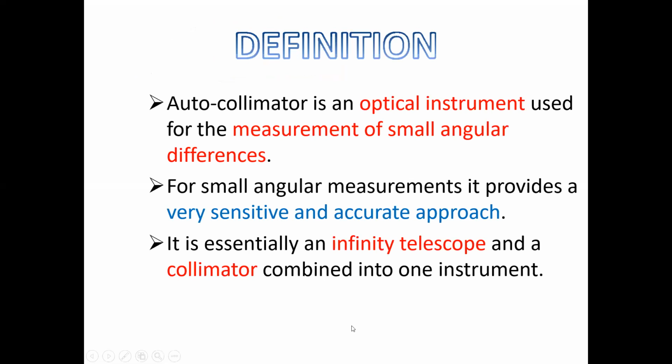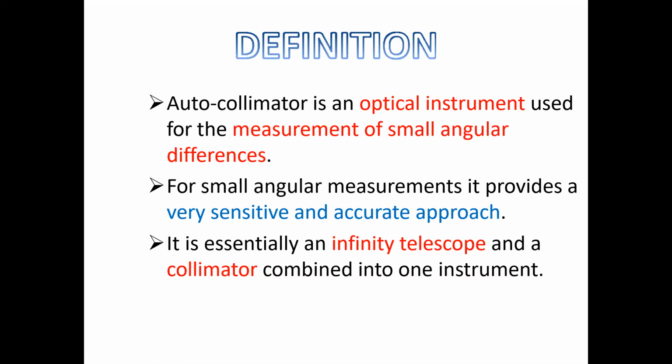What is meant by autocollimator? If you observe here, the autocollimator is an optical instrument used for the measurement of small angular differences, right? Very minute differences can be measured by using this autocollimator.